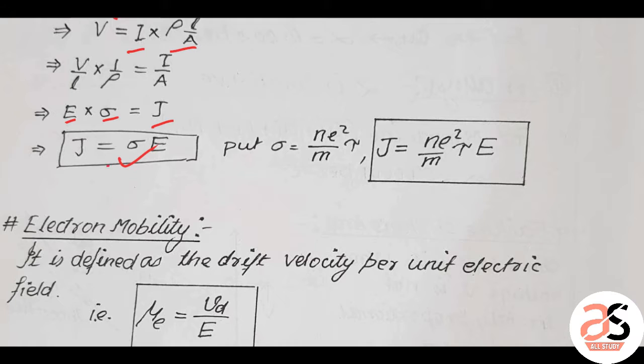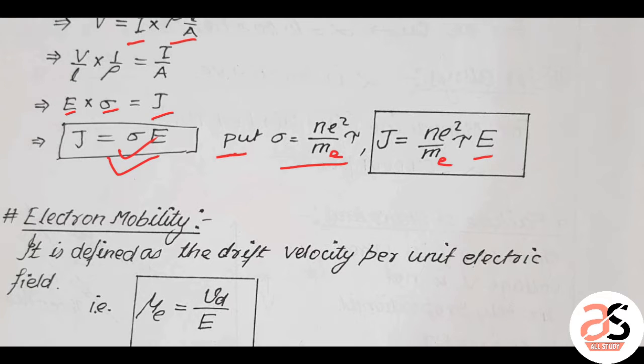So current density can be written like this: conductivity into electric field is current density. Now this can also be expressed in terms of n e square tau by m, where m is the mass of the electron, into the electric field.